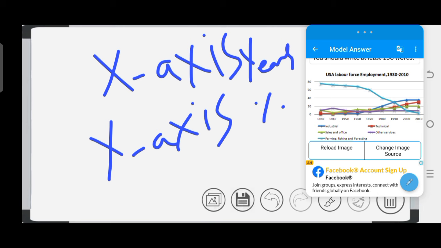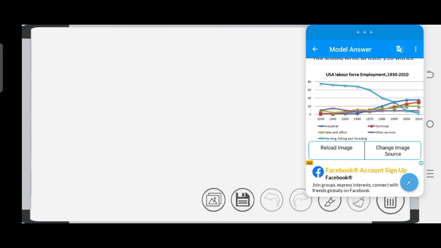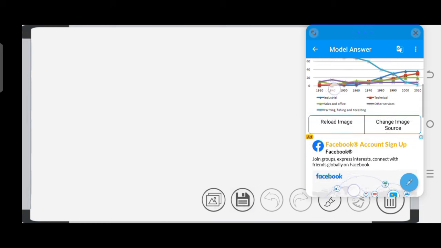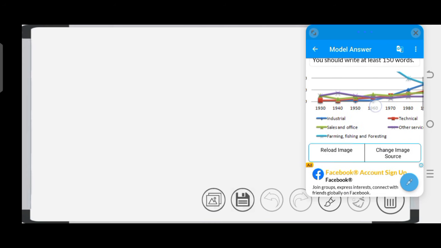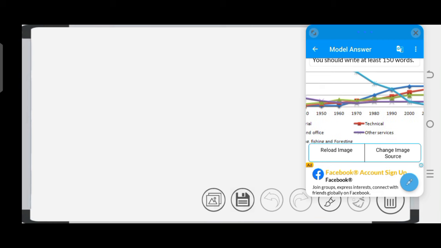Moving on, we can also see that there are different colors, these lines which are showing different colors. The blue one is for the industrial, the green one is for the sales and office, and then we have the farming, fishing and foresting, technical, the red one, and other services.